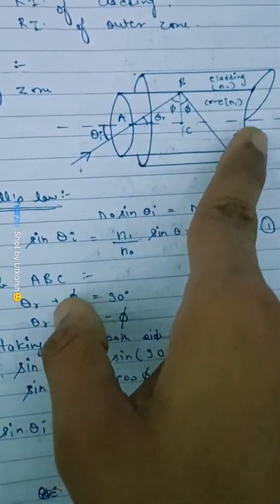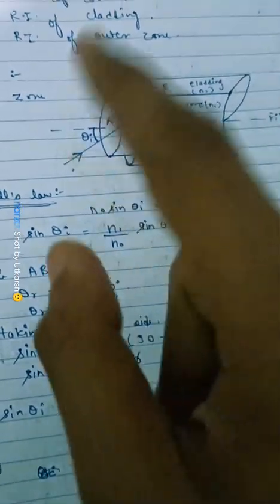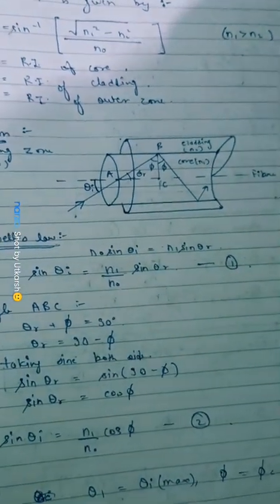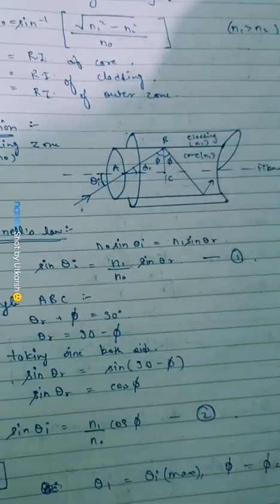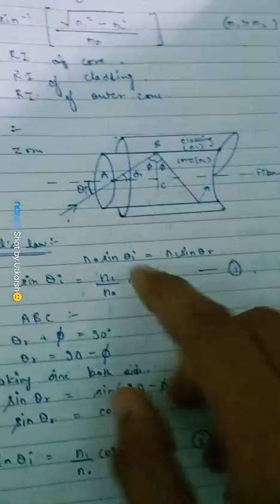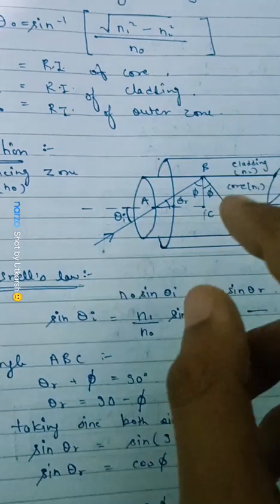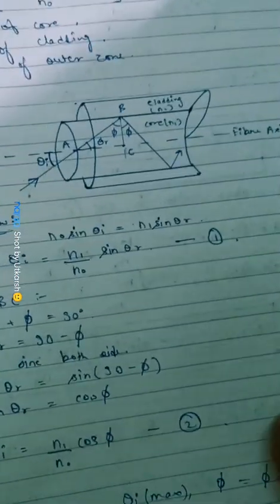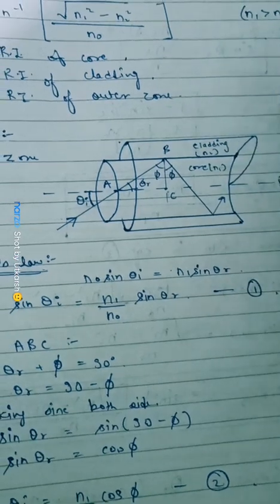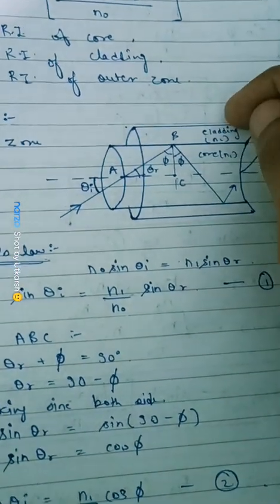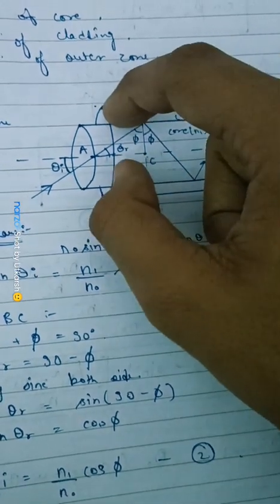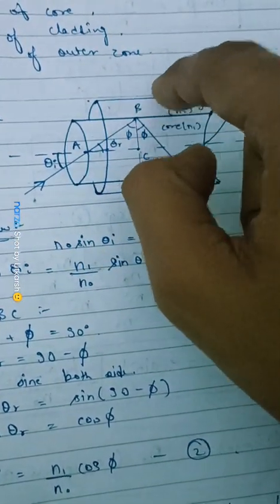This ray successively passes through like this, and it will carry on till the end of the optical fiber. So we know the concept of TIR. Here n1 is greater than n2, that's why total internal reflection is happening here.